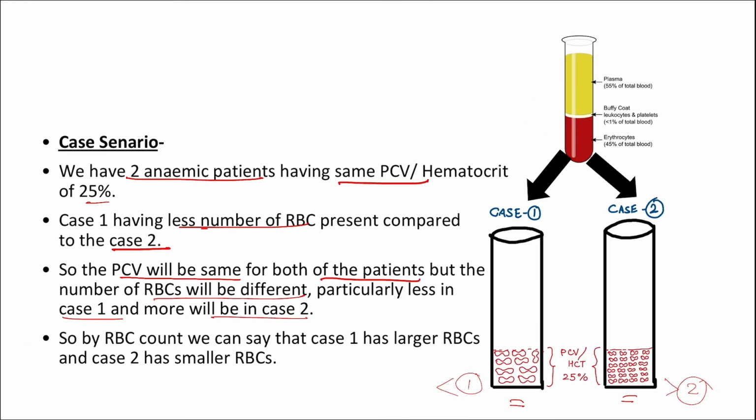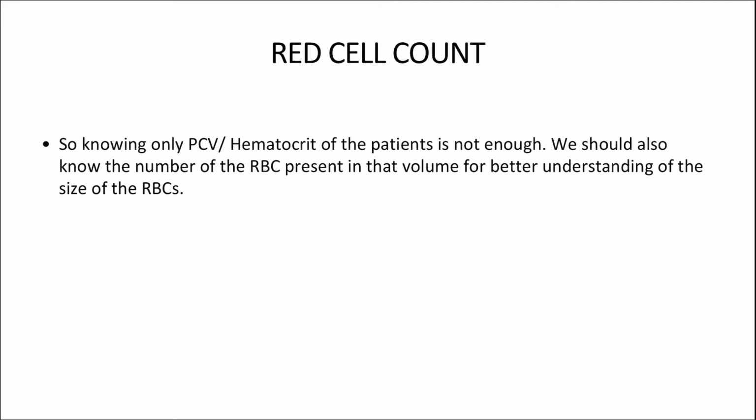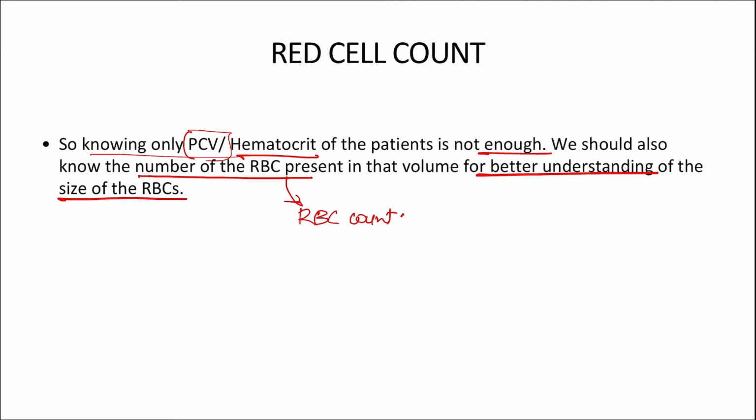By the RBC count we can say that case 1 has larger RBCs and case 2 has smaller RBCs. So knowing only the packed cell volume or hematocrit of the patient is not enough. We should also know the number of RBCs present in that volume, that is the RBC count, for better understanding of the size of the RBCs.